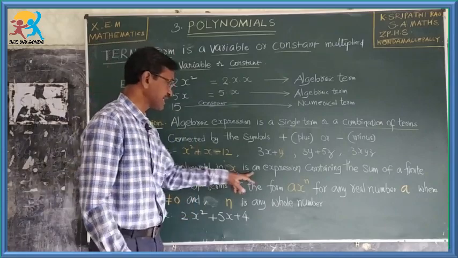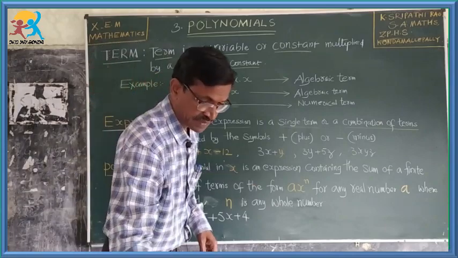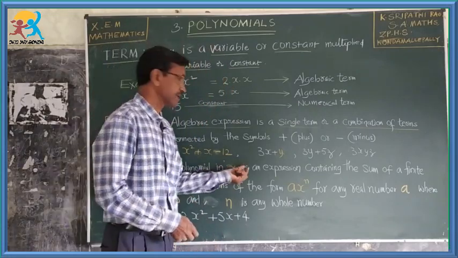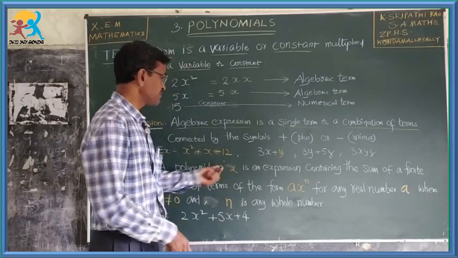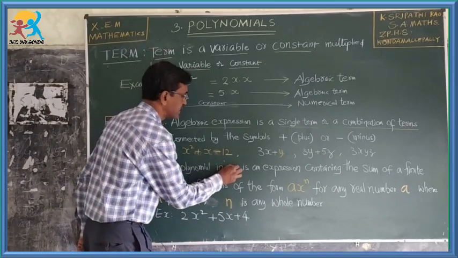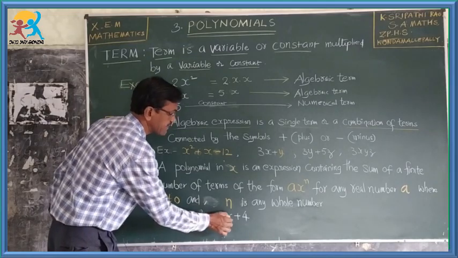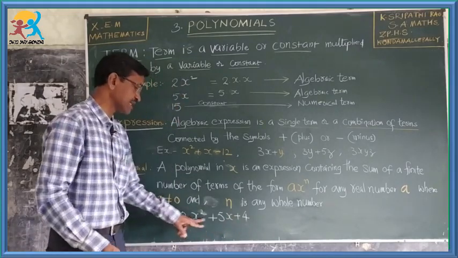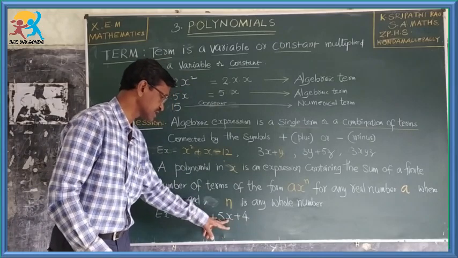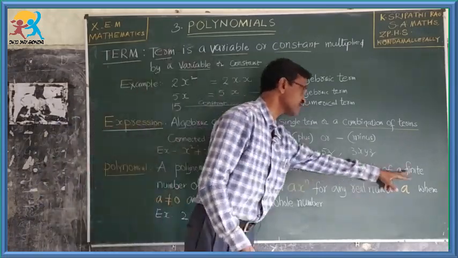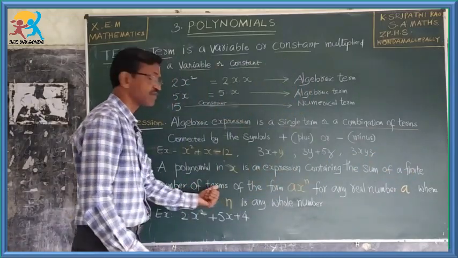A polynomial in x means an algebraic expression. There should be only one variable here, like this: 2x square plus 5x plus 4. There is only a single variable, so this is called a polynomial in x, containing the sum of a finite number of terms.